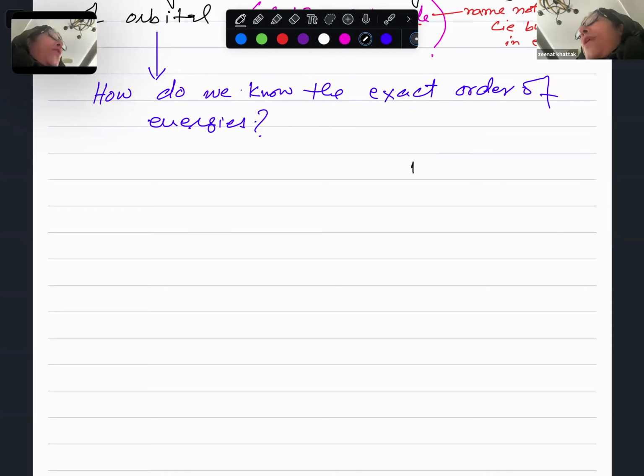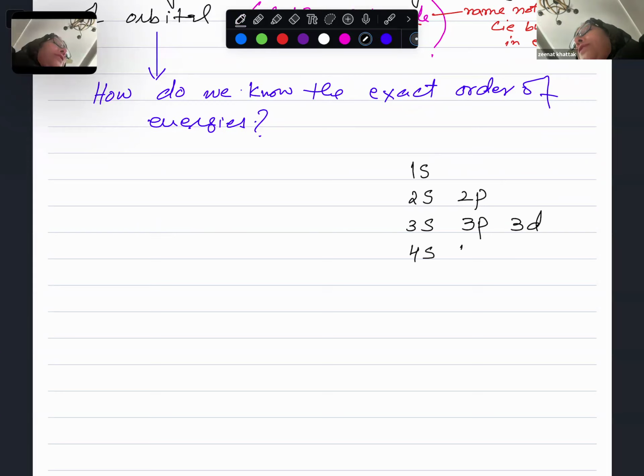Write 1s neatly. I'm trying to write it neatly. Then 2s and then 2p. And now 3s, 3p and what? 3d.